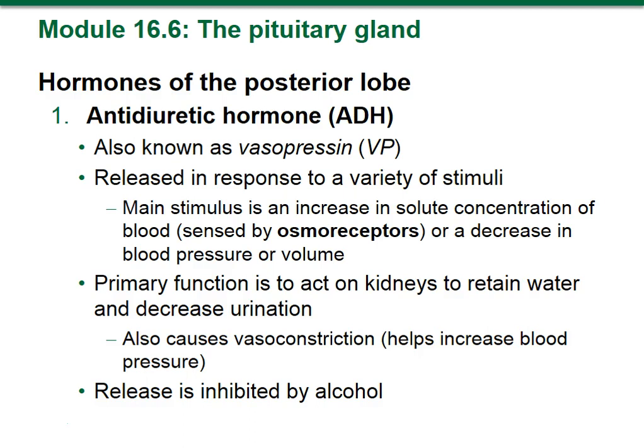So a lot of what's going on in your body when it comes to keeping water or releasing water has to do with your body's attempt to preserve a certain blood pressure. And release is inhibited by alcohol. Release of antidiuretic hormone is inhibited by alcohol. So antidiuretic hormone does what to you?